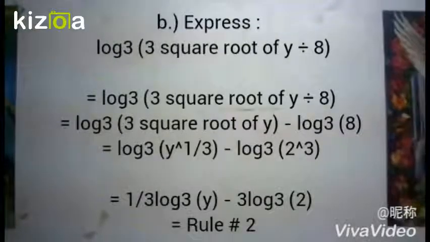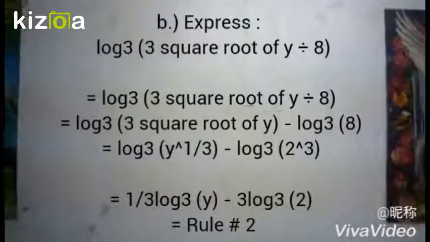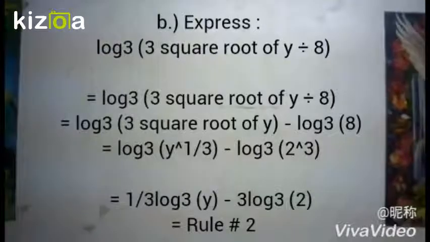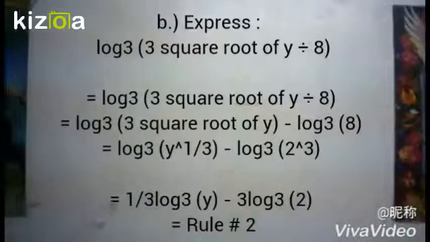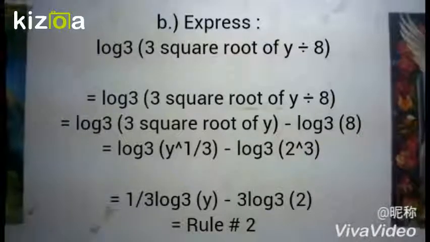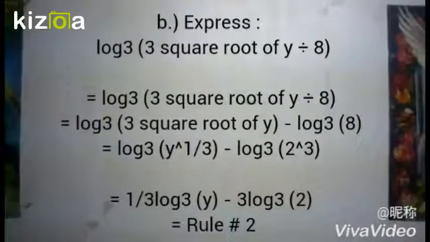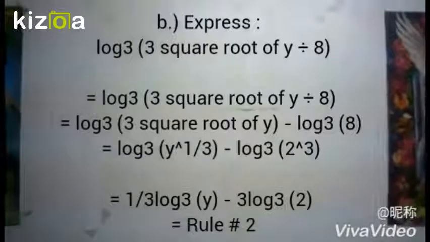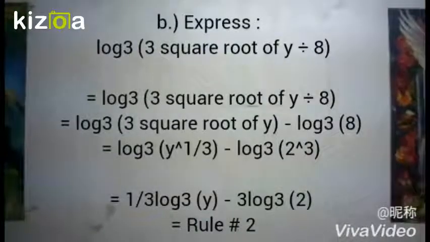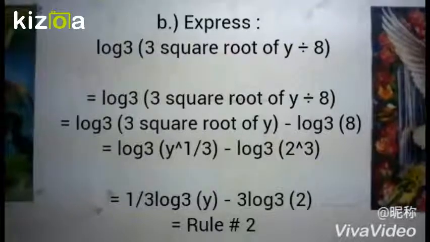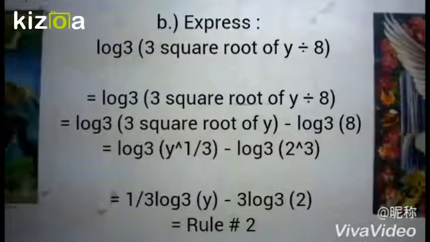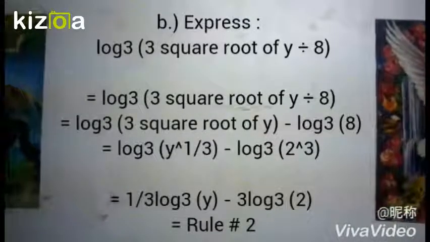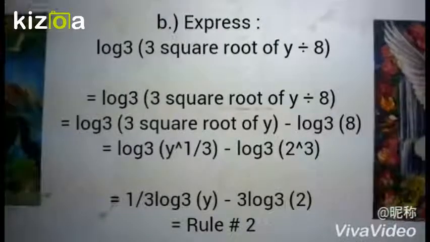So the logarithm of the cube root of y divided by 8 to the base of 3 equals the logarithm of the cube root of y to the base of 3 minus the logarithm of 8 to the base of 3, or equals the logarithm of y raised to 1/3 to the base of 3 minus the logarithm of 2 raised to 3 to the base of 3. And the answer is 1/3 times the logarithm of y to the base of 3 minus 3 times the logarithm of 2 to the base of 3. This example follows rule number 2.